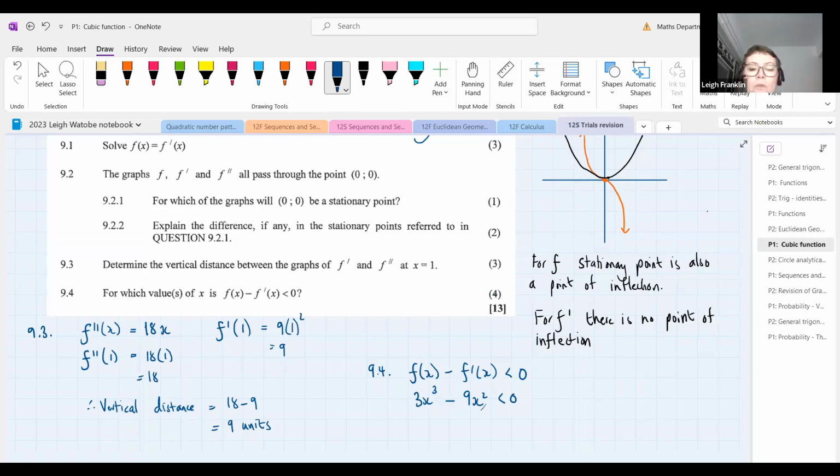The other way that we could look at this is if we took the 9x squared over to the other side, this would be where 3x cubed was smaller than 9x squared.